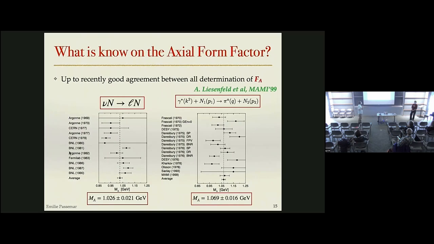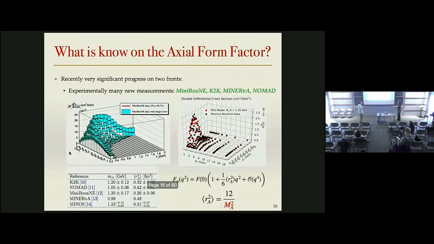I had some more comments, but right now I think I forgot. We can discuss it. Oh yes, NOMAD. If you could go back to NOMAD, yes, this one. NOMAD requires lots of caution because that measurement of the axial mass is largely based on the total cross section, not completely, but largely.